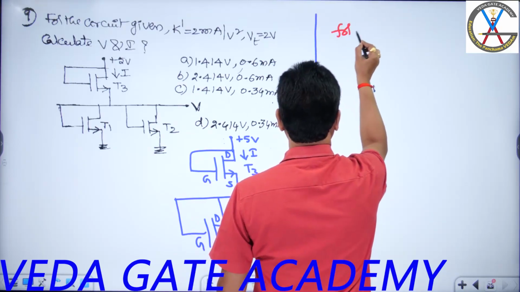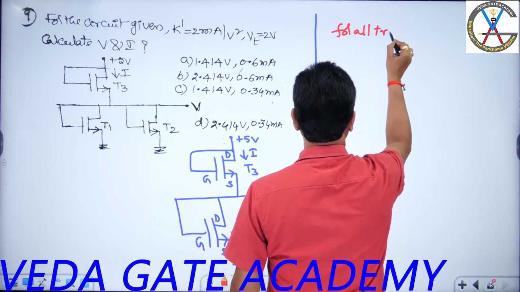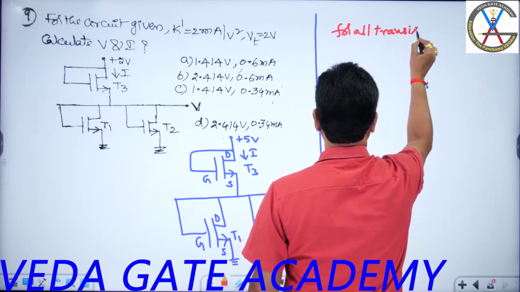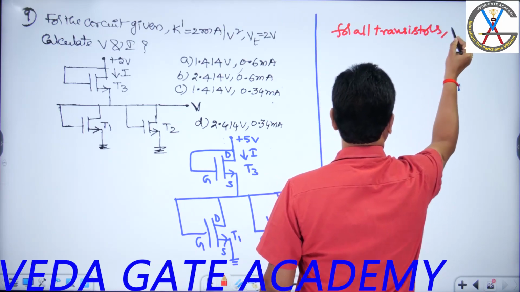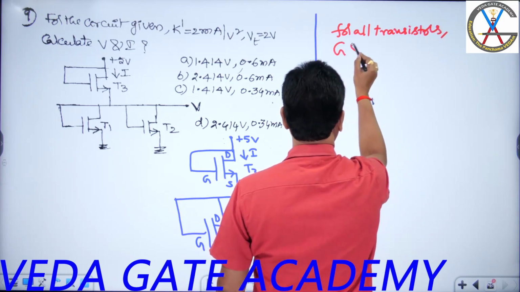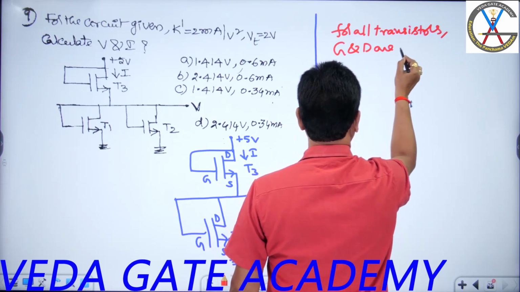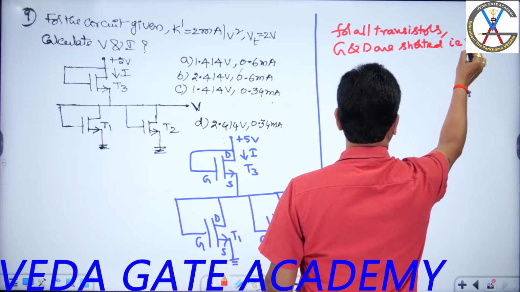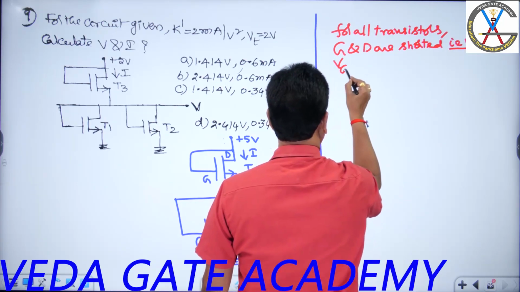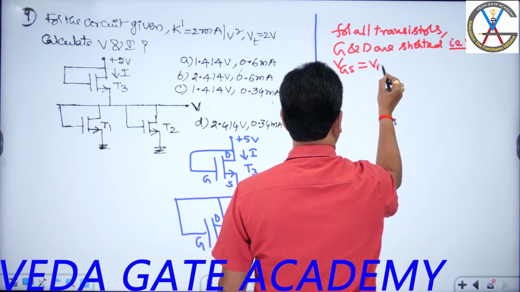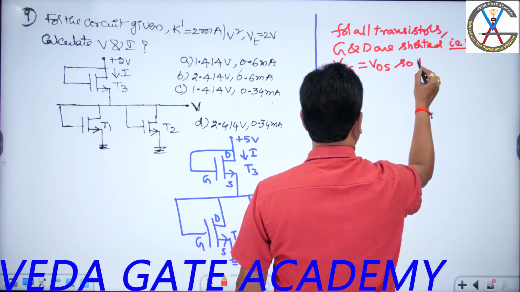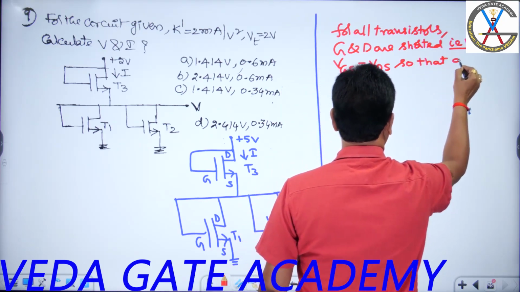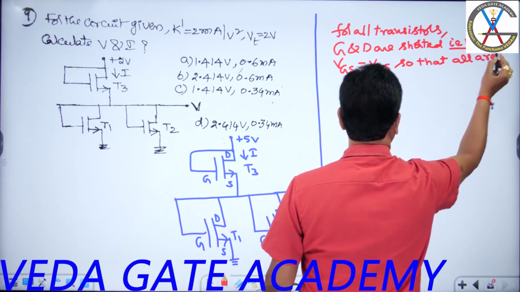For all transistors, gate and drain are shorted, that is VGS equals VDS, so all are in saturation.